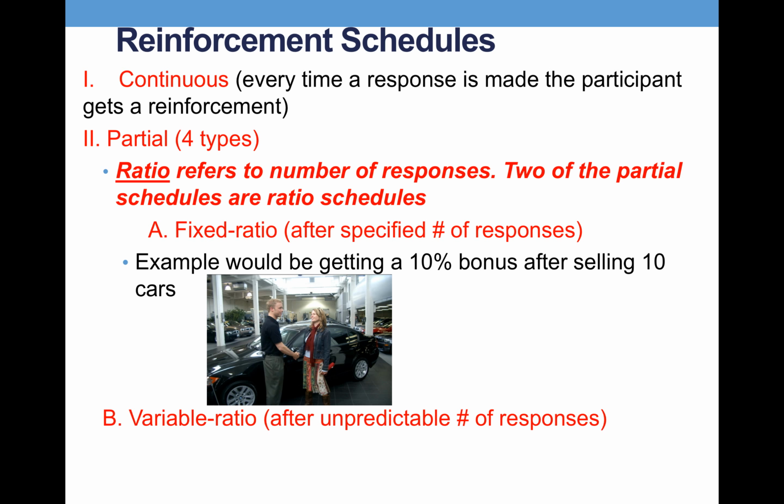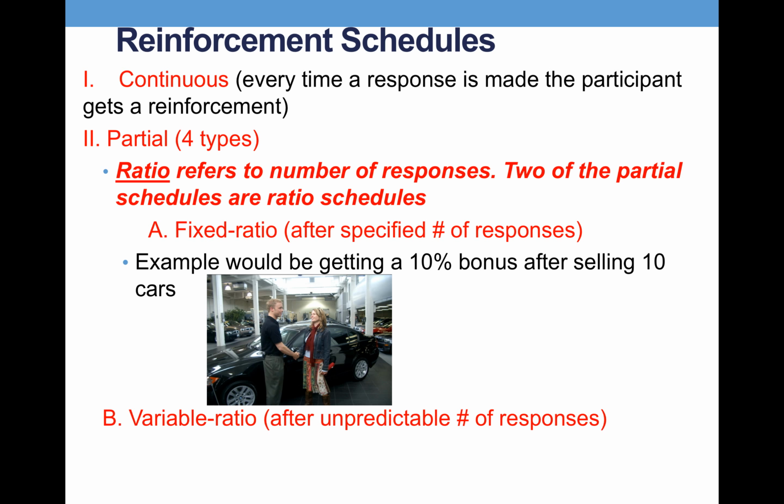Variable ratio still refers to number of responses, but it's after an unpredictable number of responses from the participant's perspective. From the administrator of the reinforcer's perspective, they know on average when they're going to reward the participant. For instance, on average you might reward every 5th response, but let's say you reward after the first response, then after the 10th, then after the 20th, after the 4th.